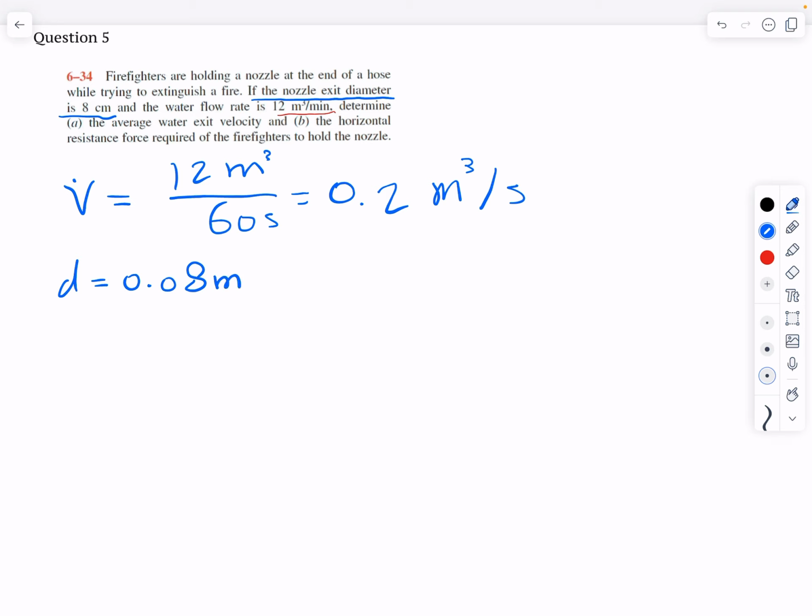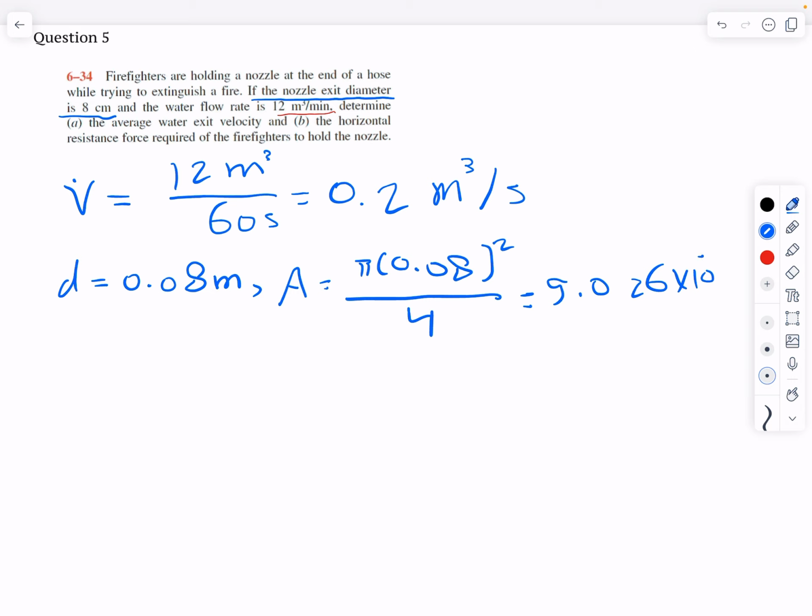You first have to convert it to meter, then you find the area, which is pi times 0.08 square divided by 4. Let me calculate it now. It gives 5.026 times 10 to the power minus 3 meter square. So I'm done now with the area.